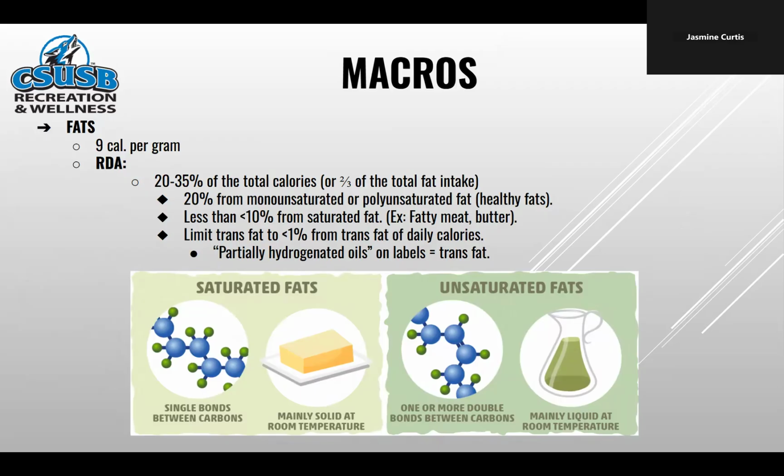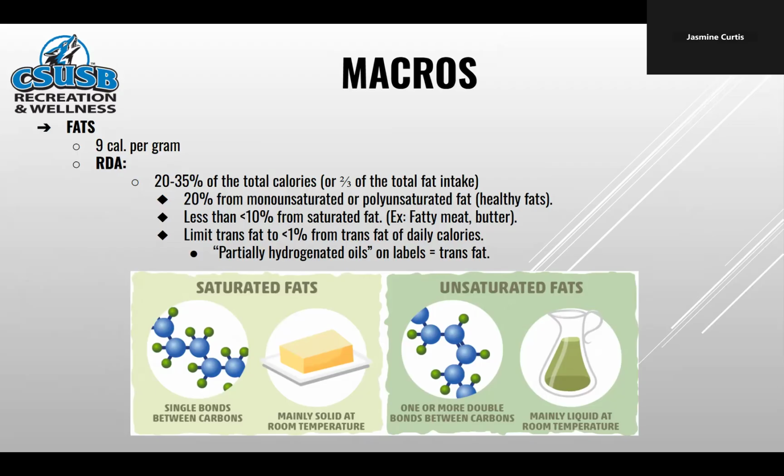In that percentage, 20 to 35%, we want around 20% from monounsaturated or polyunsaturated fat. These are considered healthy fats. What we want really few of is we want less than 10% from saturated fat.